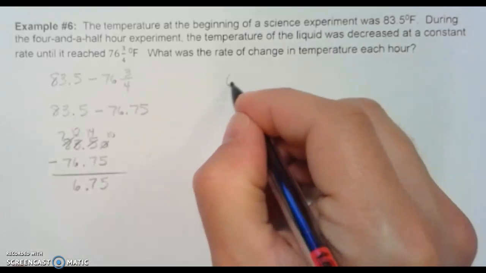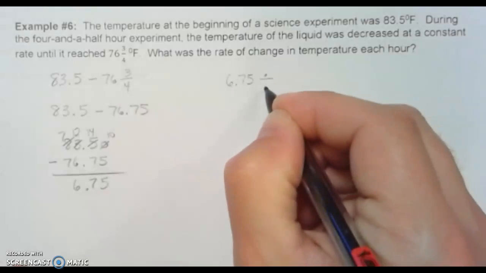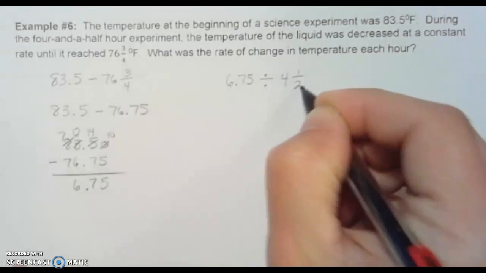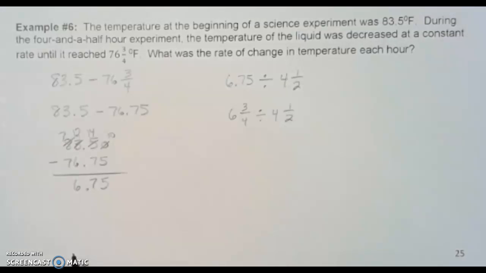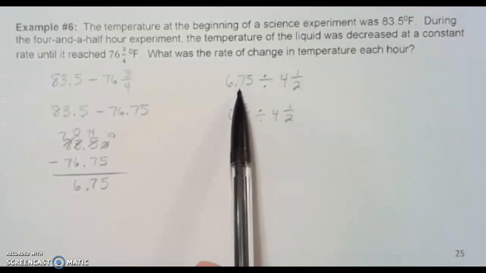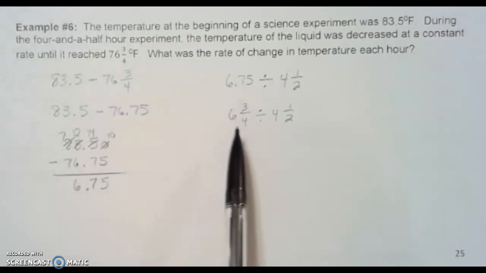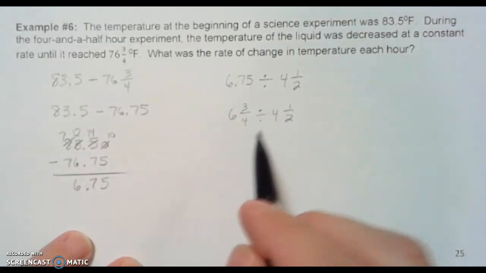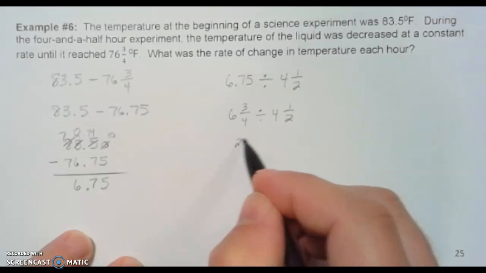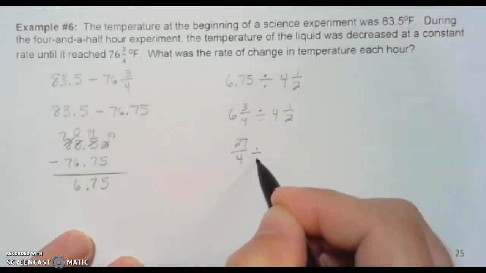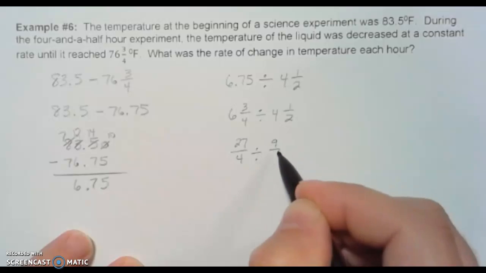So I'm going to take that amount and divide it by the 4.5 hours. So I took my decimal 6.75 and converted it to a mixed number, 6 3/4. And now let's divide. Let's get fractions first. 6 3/4 is 27/4 divided by 4.5, which is 9/2.